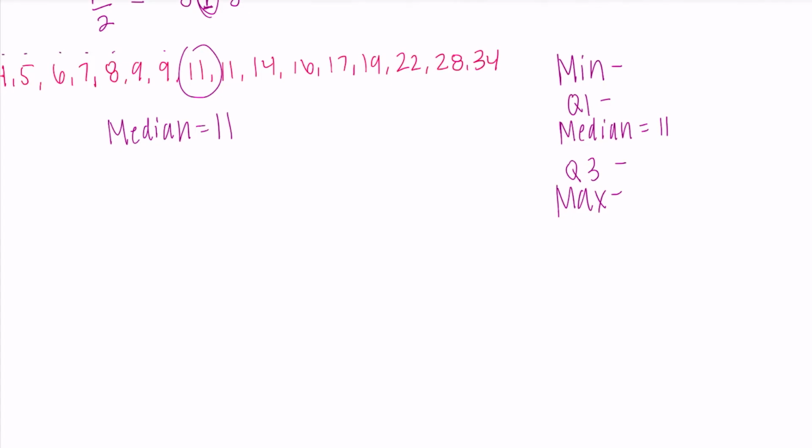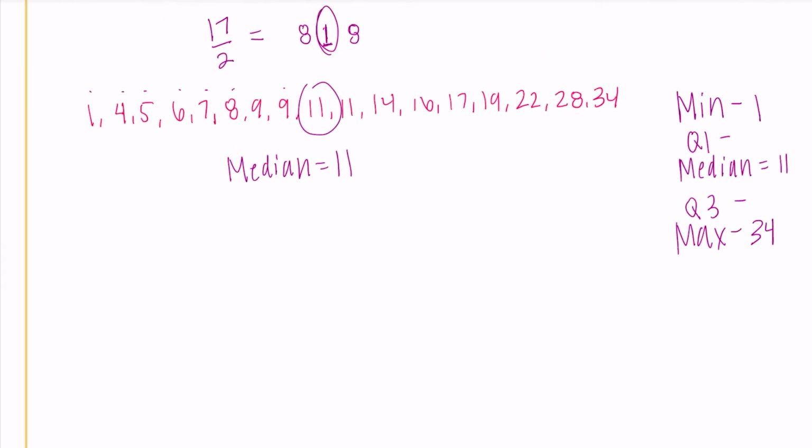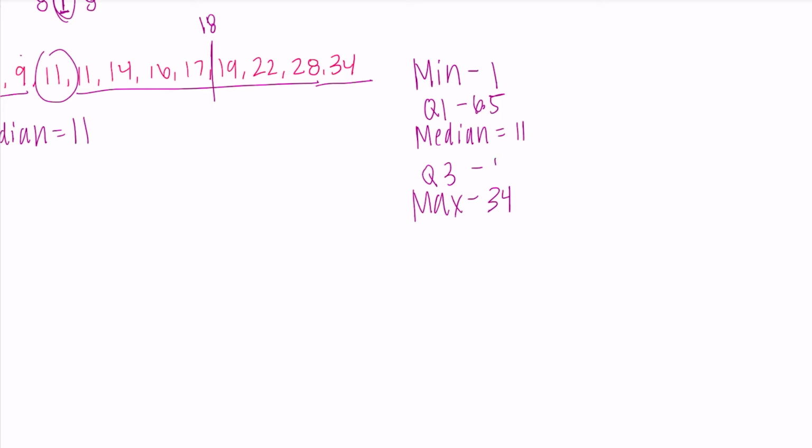The minimum was 1, the max was 34, so let's find quartile 1 and 3. The middle number we can just cross off, there's 8, so we can split them in 4. Between 6 and 7 would be 6.5. So the bottom half quartile is 6.5. The top half, we split it 4 and 4. In the middle would be 18.